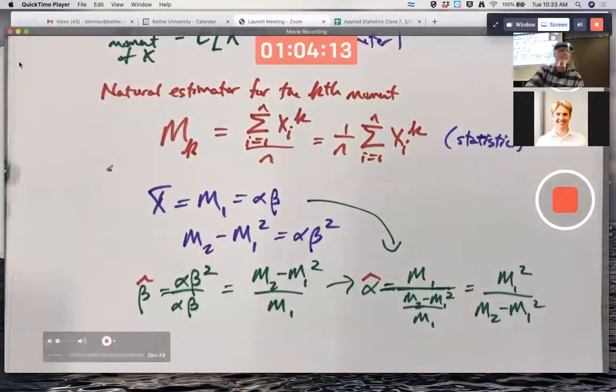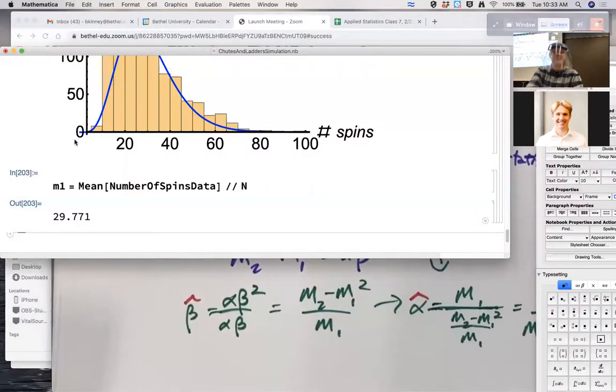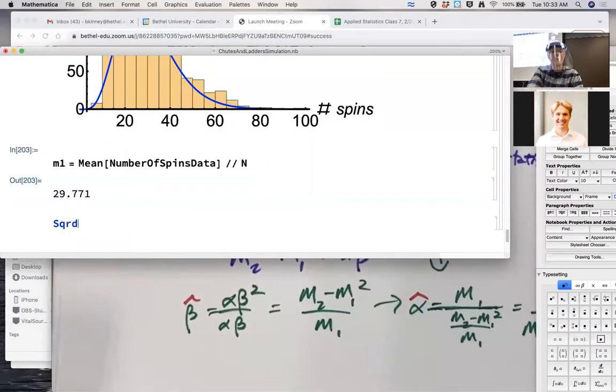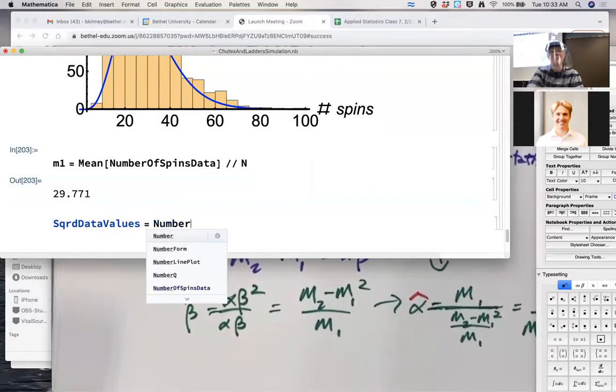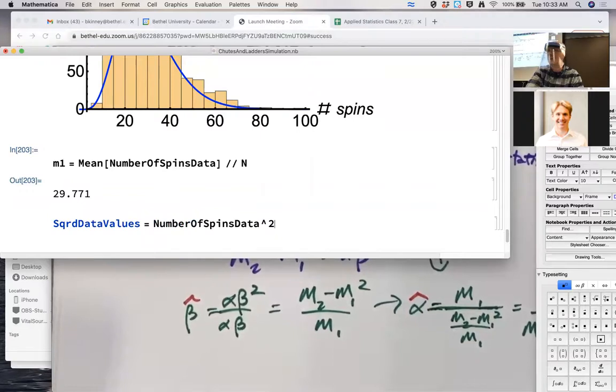There's a few different ways that could be done in Mathematica here. I think this works. I think I can actually do number of spins data squared. In Mathematica, that will work. In other programs, it might not work.